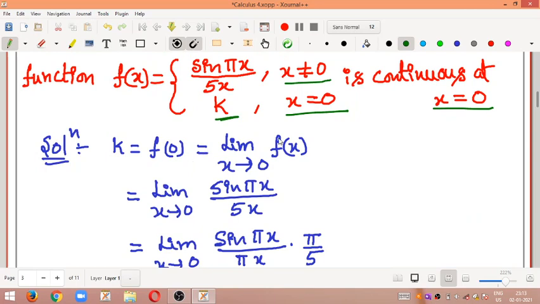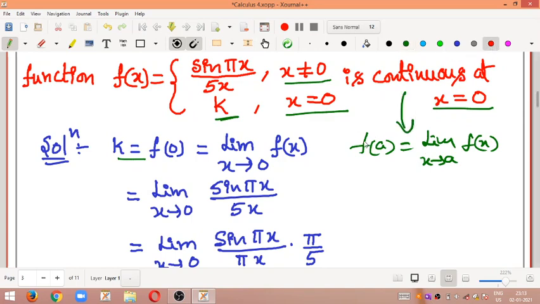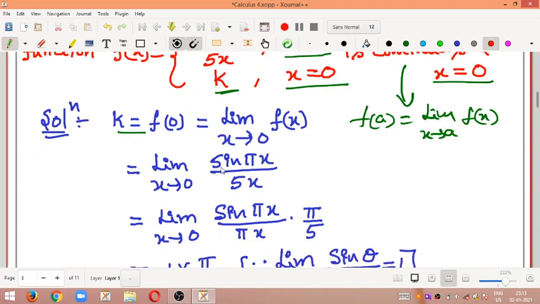So we know that since f is a continuous function at x is equal to 0, k is equal to f of 0. f of 0 is equal to what? f of a is equal to limit as x tends to a of f of x, since f is continuous. So f of 0 means limit as x tends to 0 of f of x. Already f of x, you know, is sine pi x by 5x.